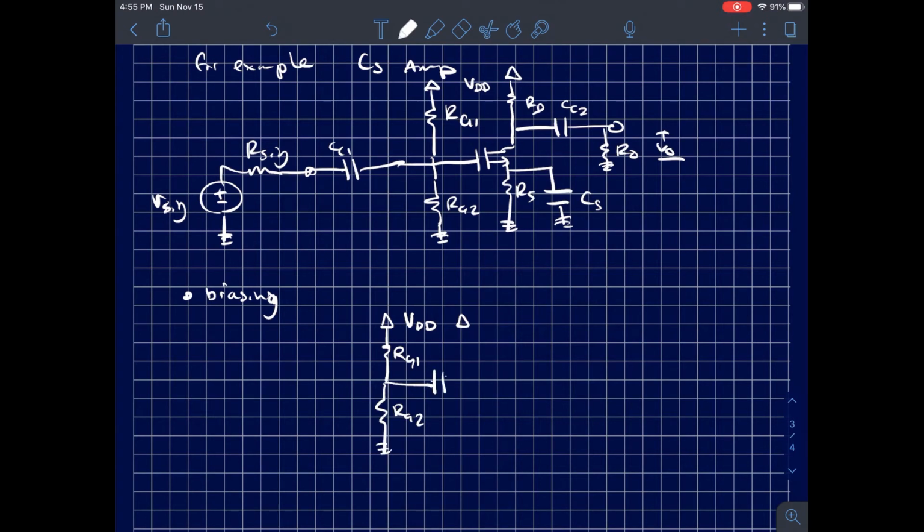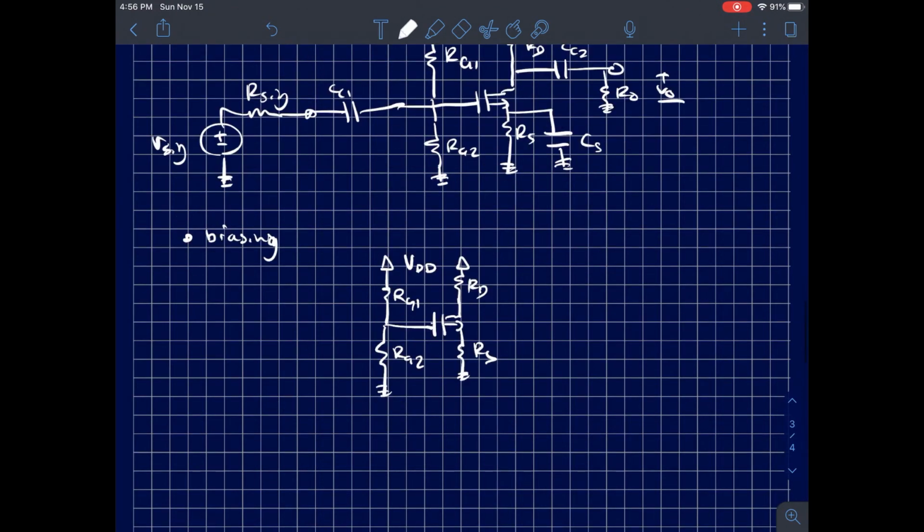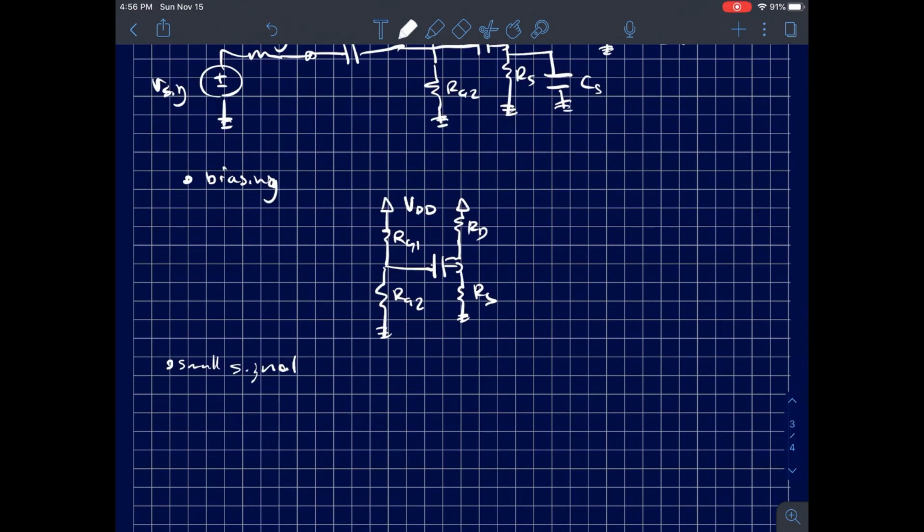I've got my MOSFET. This goes through RD, and this goes through RS. And these are used to set the values of ID and V gate to source to ensure that the MOSFET is in saturation operation.